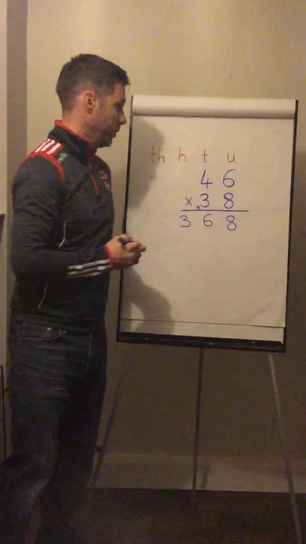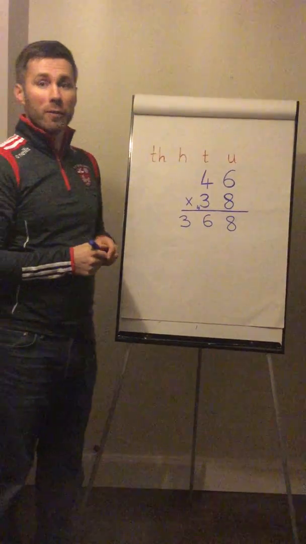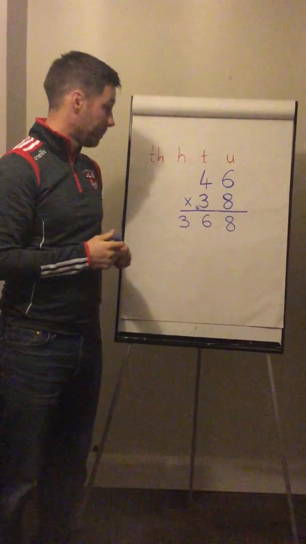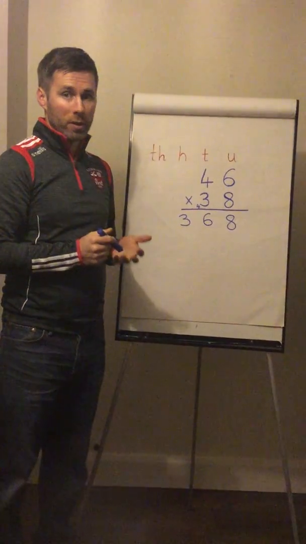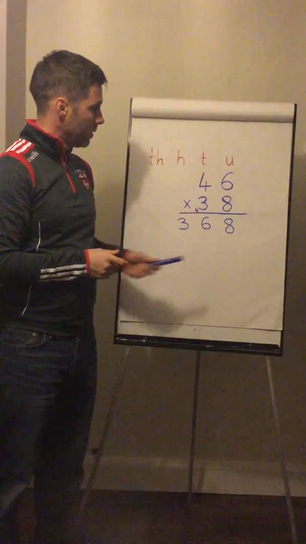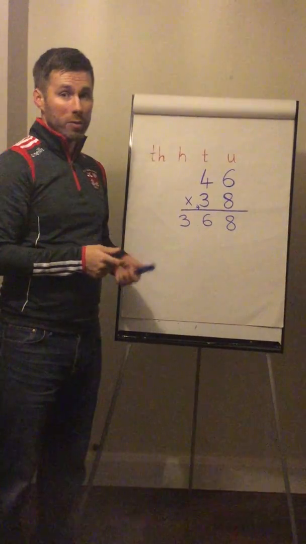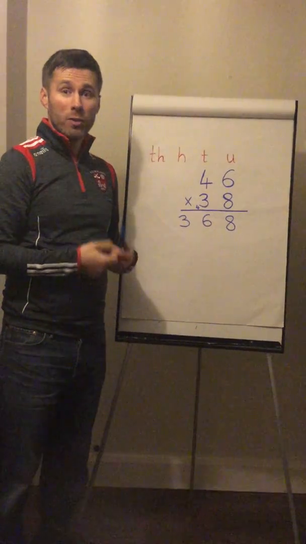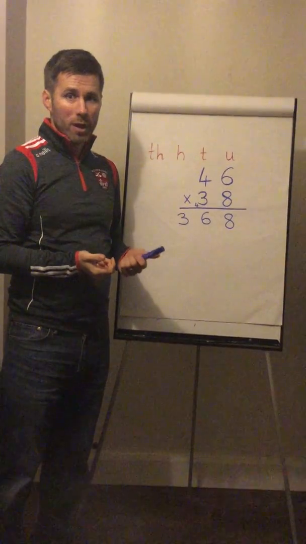That's step 1 done. Step 2 is a bit different now because we're multiplying by 3 tens or 30. Now a shortcut to multiply by 30 is to put a 0 in your units answer column and then multiply by 3. And in step 2, we're always multiplying by tens, so you can always put that 0 in your units column.